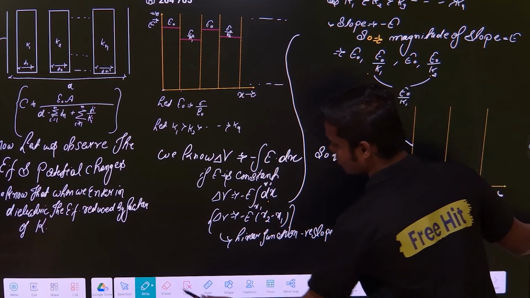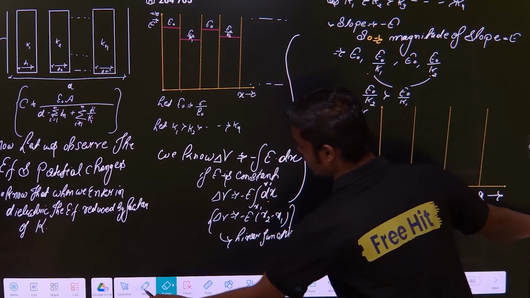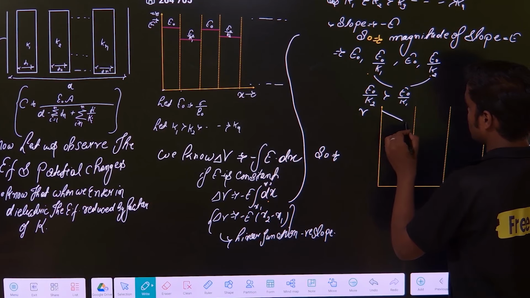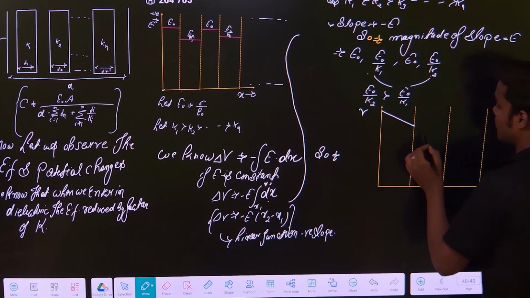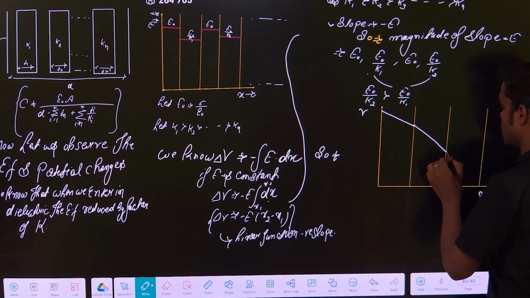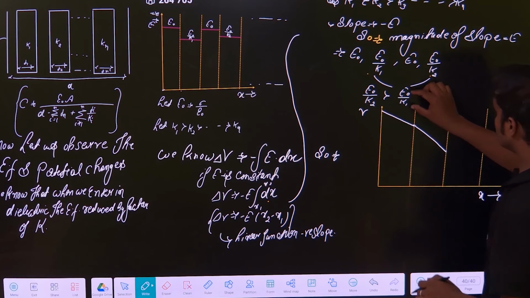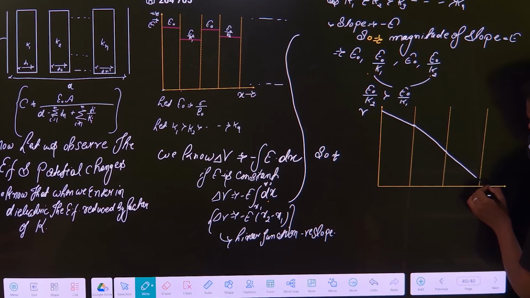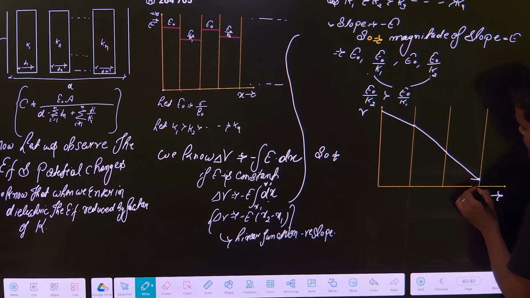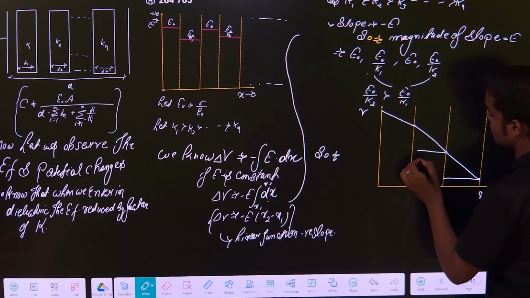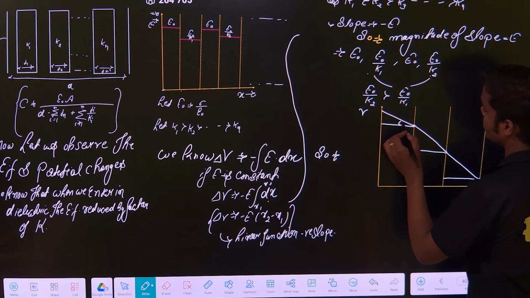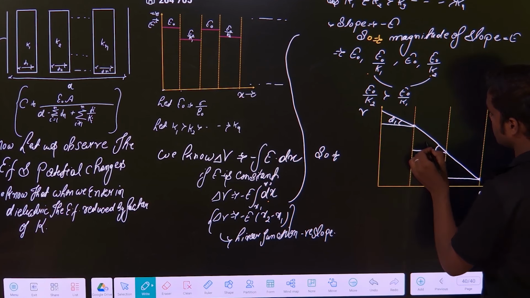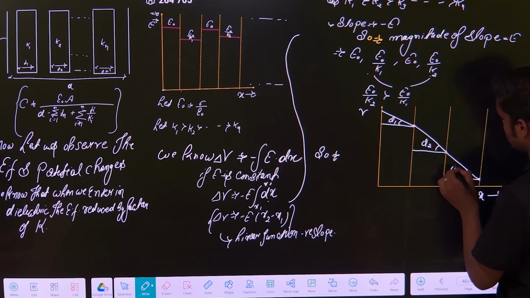Let me draw it properly, because again it is going to fall, correct? Now here in this case, when it comes to k2, the slope falls very drastically, okay? If you talk about these angles, suppose this angle is theta 1, theta 2, theta 3.